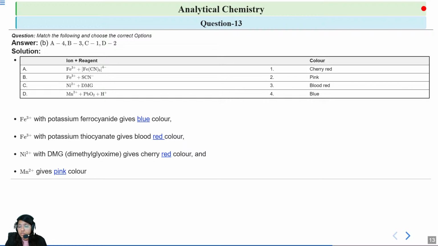Under strong acidic oxidation, Mn2+ is oxidized to permanganate, MnO4-, which in dilute solution appears pink. So Mn2+ gives pink color.